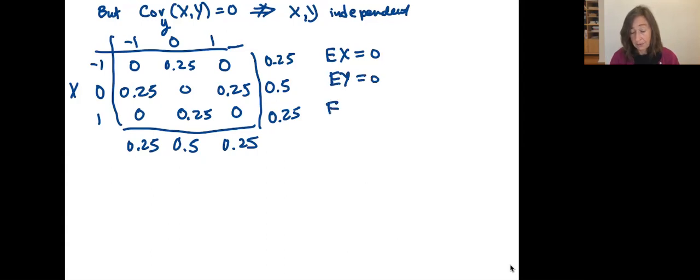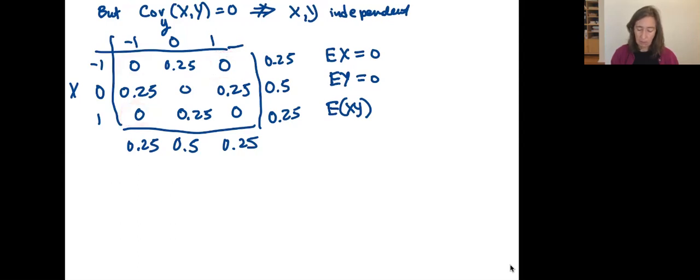And I'm also going to just assert here that the expected value of their product is also 0, because there's no combination of x and y that has positive probability that isn't equal to 0. One way that the product could be not 0 would be if they're both -1, that's 0 probability, or 1 and -1, that's 0 probability.